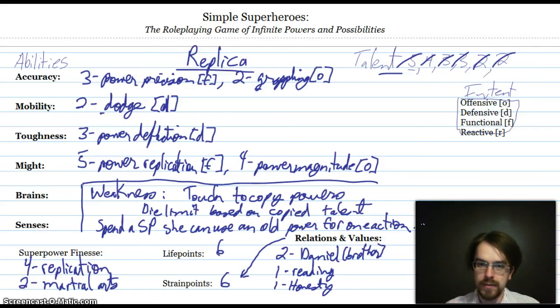There's some great guidance in Simple Superheroes Issue 0, which is the core rulebook, on that. We're kickstarting that very, very shortly. So that's a good section to read if you like this sort of flavor of character.